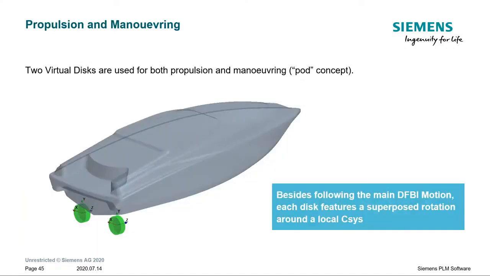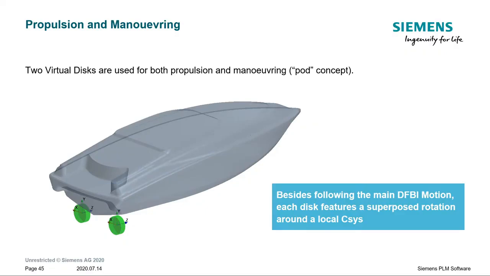Concerning propulsion, I opted for an intermediate level of complexity, and so I used 2 virtual disks to propel the yacht, and also to apply some side forces for the maneuver. So this really features a kind of a pod concept.